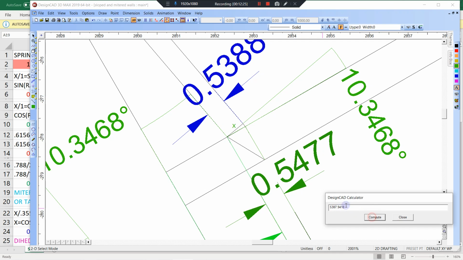We're going to hit compute, and that'll give us the, compute. I think I missed the decimal place.